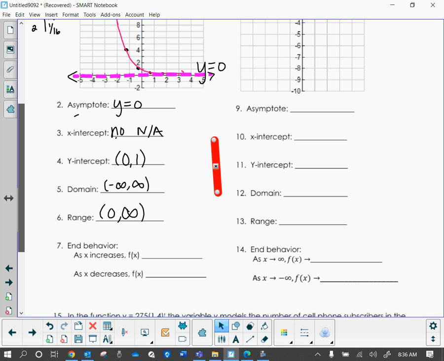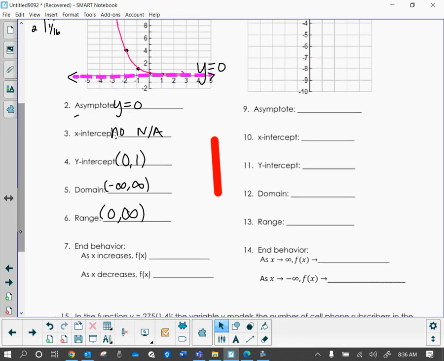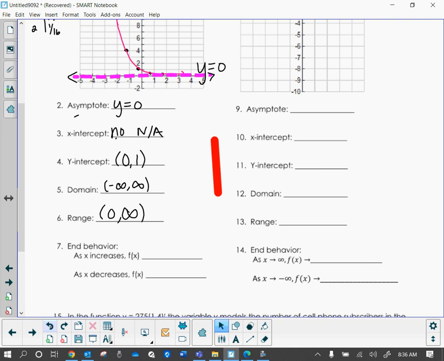What is it approaching? What is the y doing? It's approaching what? 0. Okay, if we look at the right side of the graph, it's approaching 0. We're going to put approaches.